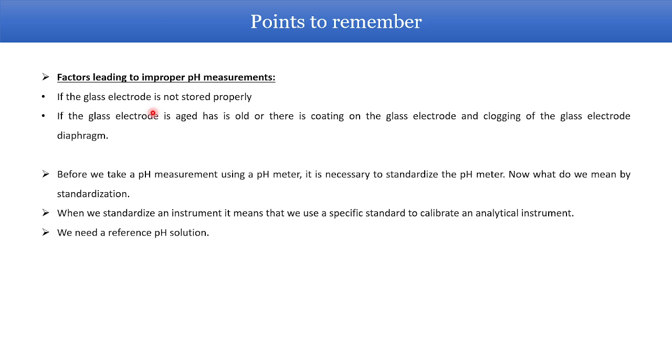There are a lot of solutions you dip this electrode into. So if there is a coating or clogging on the diaphragm, you will not get proper measurements. The first thing you need to do is properly clean the probe or electrode before dipping it into a solution. It will help you in two ways.